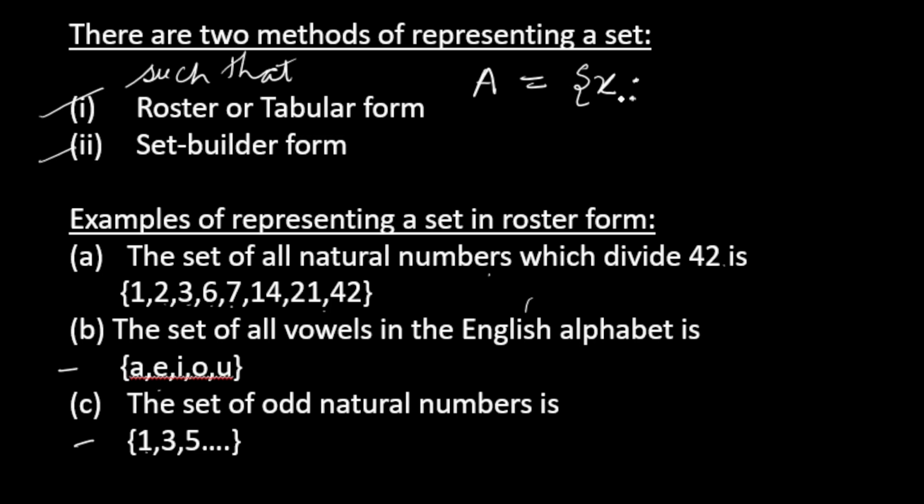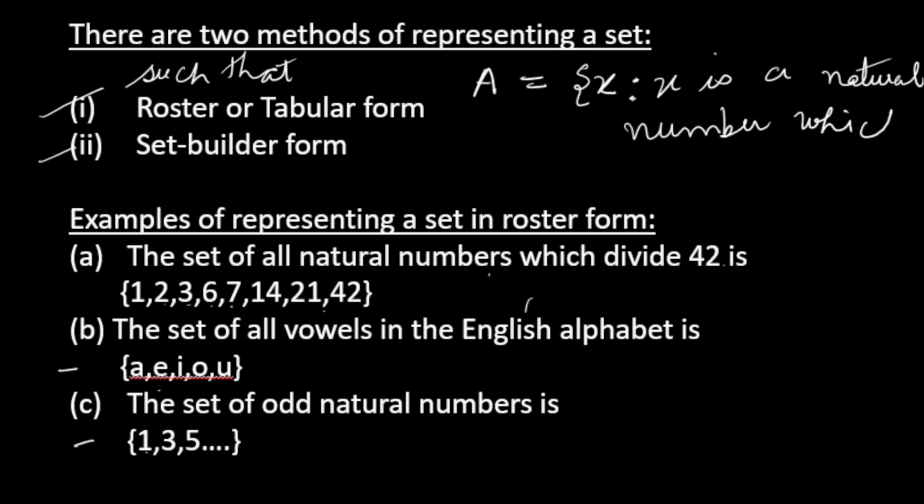So A is equal to X such that X is a natural number which divides 42. Then curly brace closed. So this is how we'll write the set in set builder form.